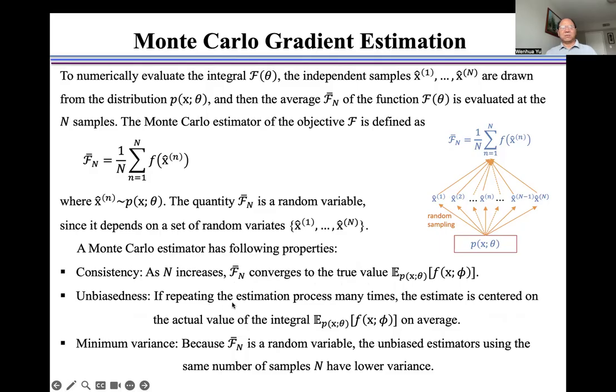If repeating the estimation process many times, the estimate is centered on the actual value of the integral EP on average. Minimum variance. Because Fn is a random variable, the unbiased estimators using the same number of samples n have a lower variance.